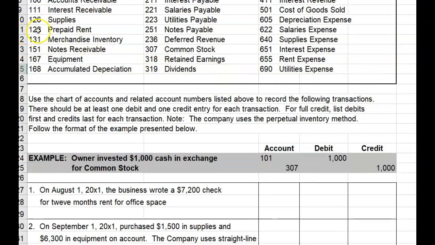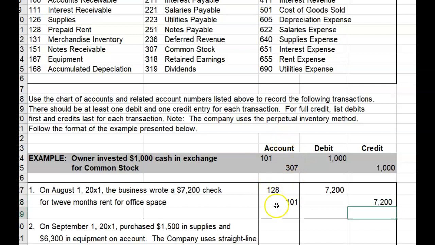So prepaid rent is account 128. Debit 128. Always write debits first. For $7,200. Actually, I'm in the wrong line. And credit cash, account 101 for $7,200.